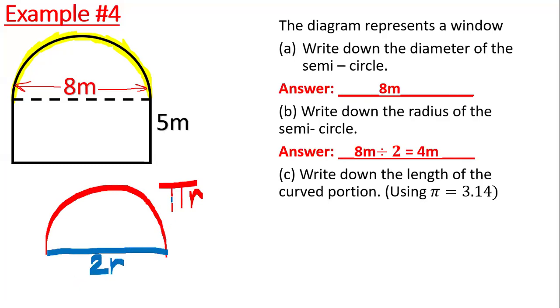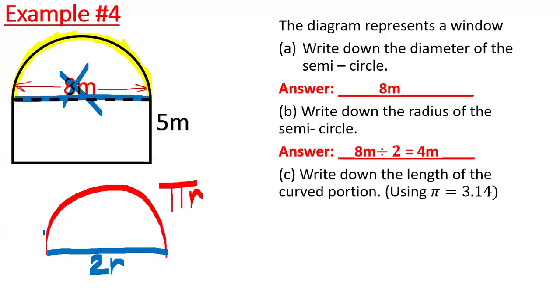So combine them together, and you get the full circumference. But the question does not want the full circumference. They don't want you to include 8. They don't want that part. They don't want this line, right? All they want is the length of what? The red part. Pi r.